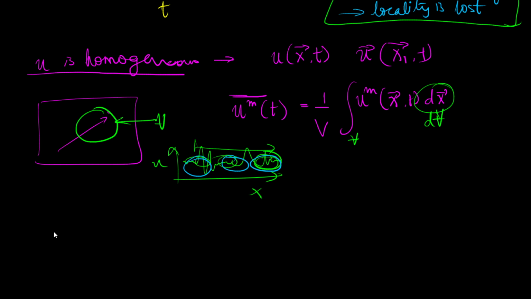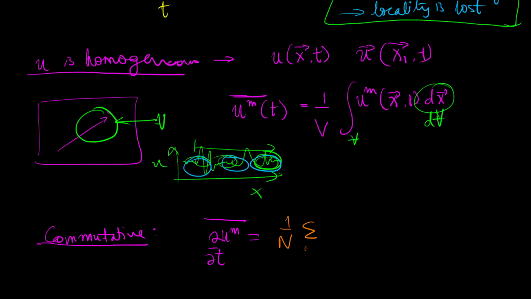Okay, such kinds of averaging are sort of commutative. In the sense that del t of u to the power m, so the mean of u to the power m, the mth moment, or in fact let us write it like this: the entire average of this. By definition, this will be equal to 1 upon N summation n equal to 1 to N of del t of u to the power m.